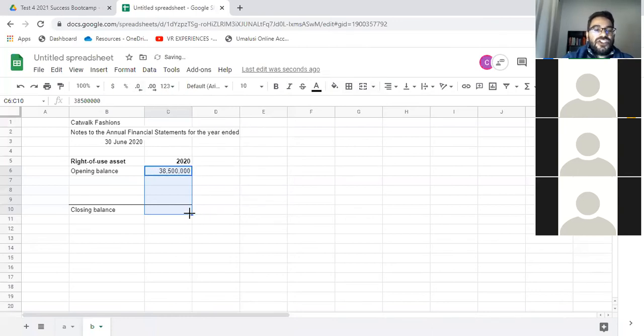What can change the right of use asset? How could the right of use asset go from its opening balance to its closing balance? There's two types of changes, an increase and a decrease. So you ask yourself, what could increase a right of use asset and what could decrease a right of use asset? Okay, so that is basically what you think about.